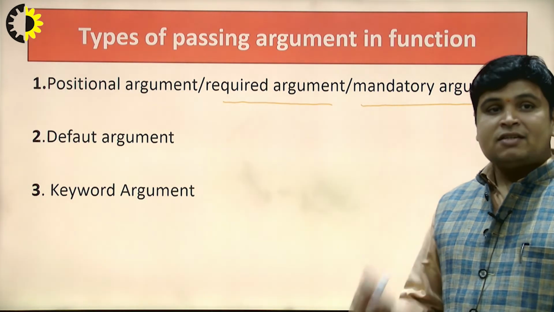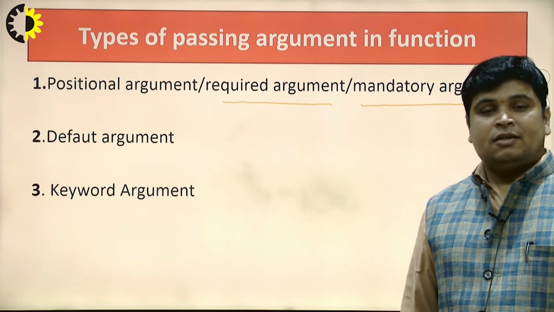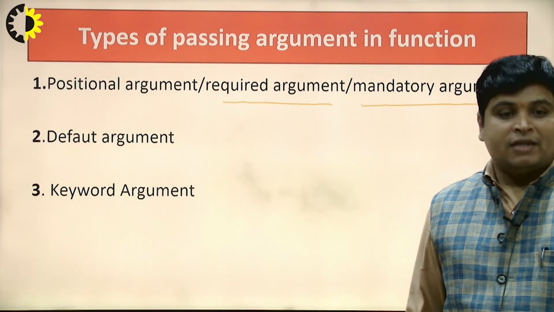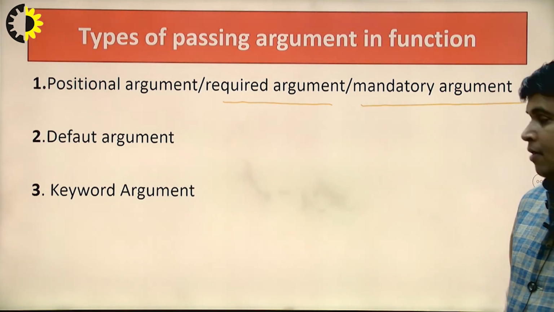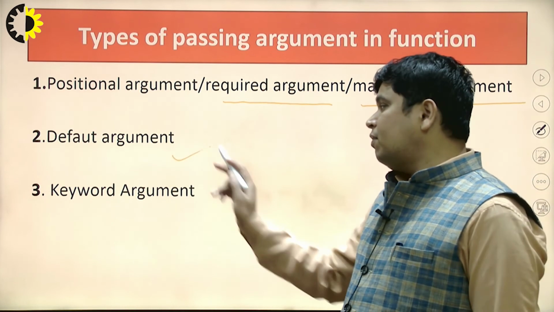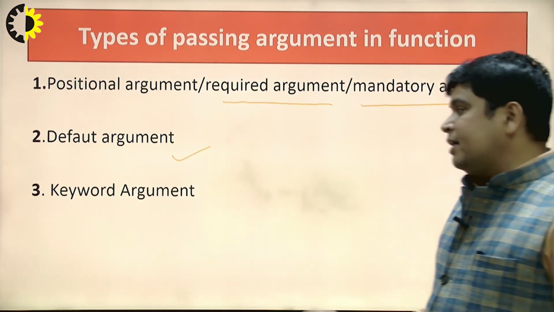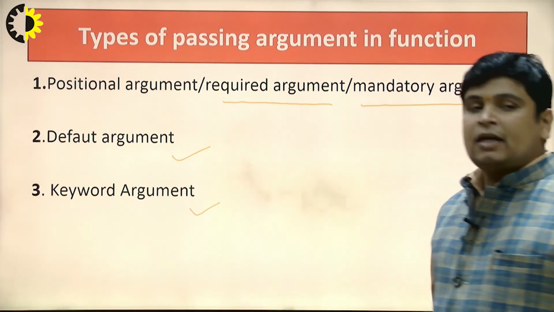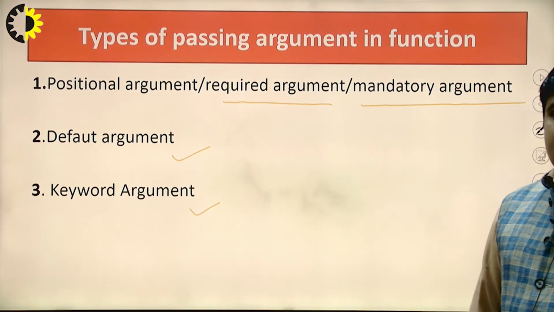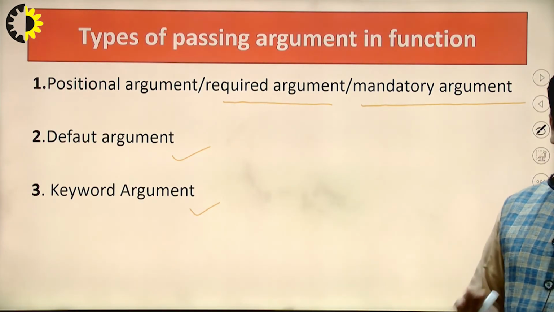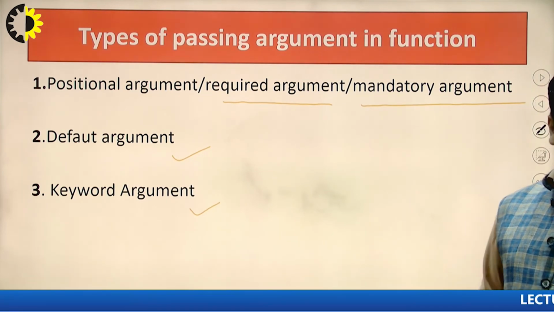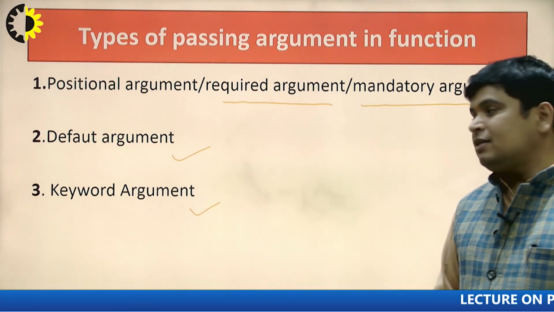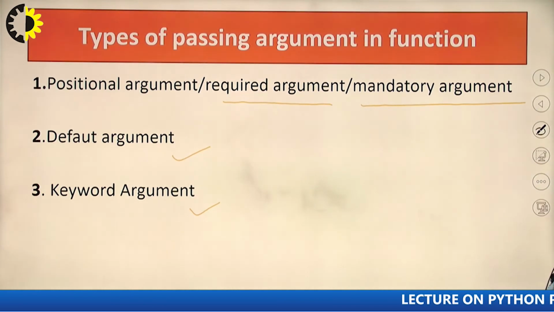This is the first type of passing the arguments in the function call and in function definition. Okay. Second one is default argument, and finally the last one is keyword argument. So in Python, we can pass the arguments in 3 ways. First one is positional argument, second one is default argument, and third one is keyword argument.